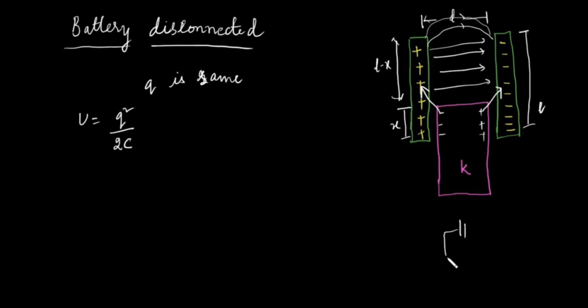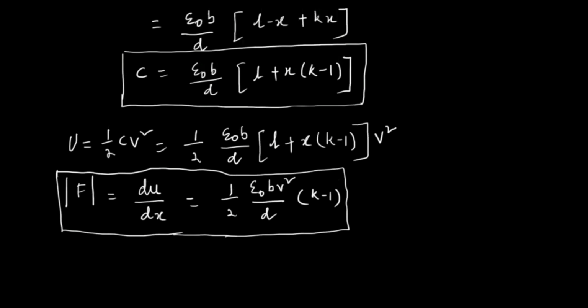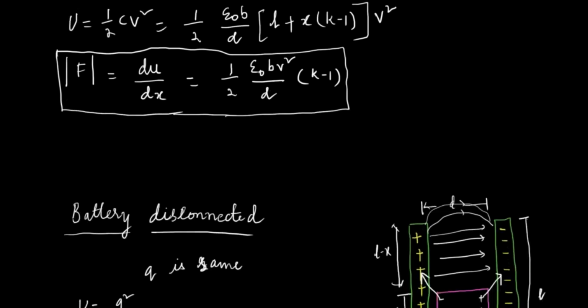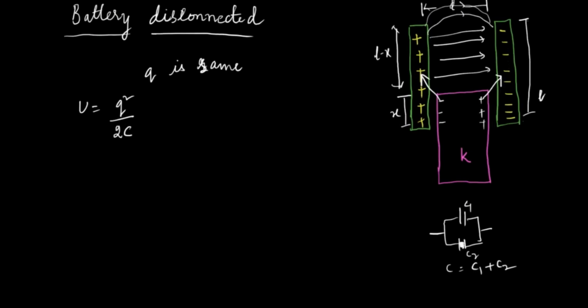We can imagine two capacitors in parallel, C1 and C2, where C2 is filled with the dielectric, and the effective capacitance is C1 plus C2. Previously we calculated the value of C as epsilon naught b by d, L plus x into k minus 1. So we know the effective capacitance of the capacitor.